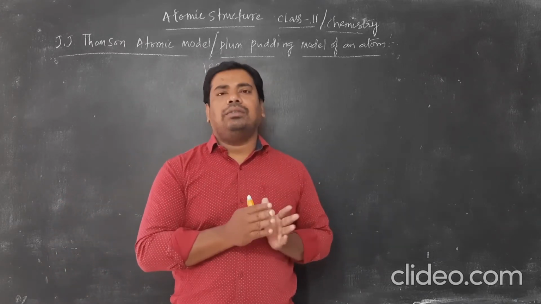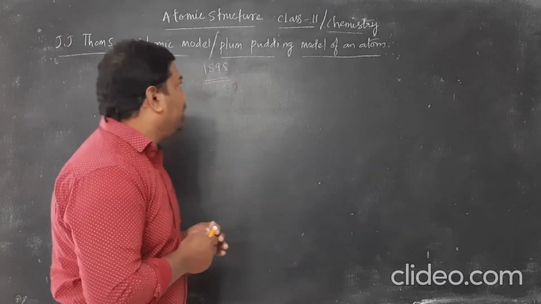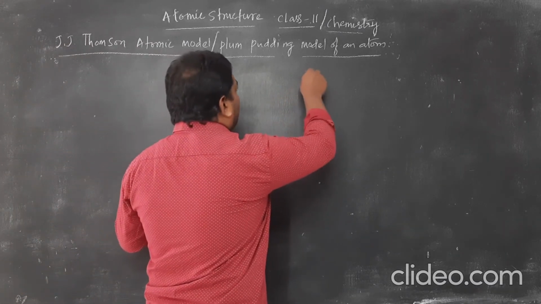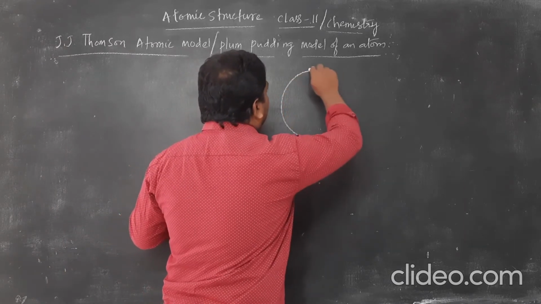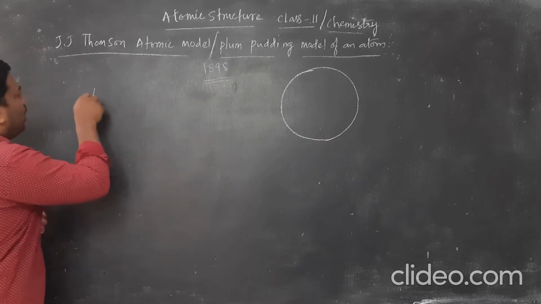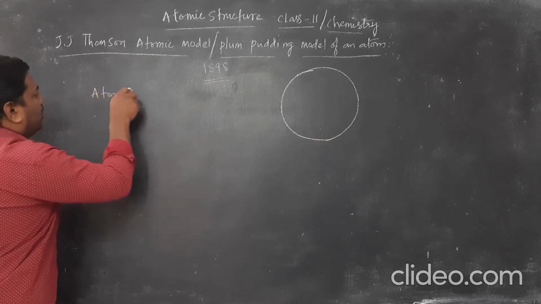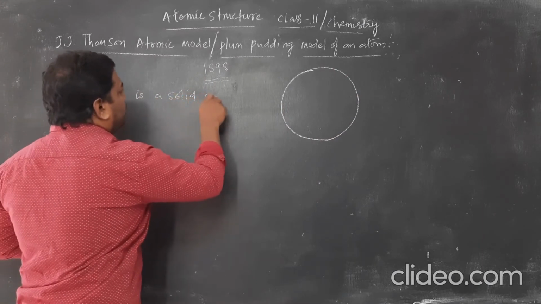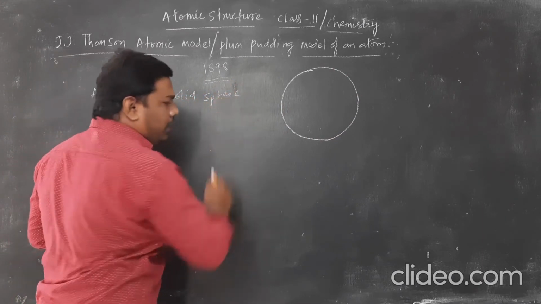Based on this, he suggested that the atom is a solid sphere. According to J.J. Thomson, the atom is a solid sphere. Clear?